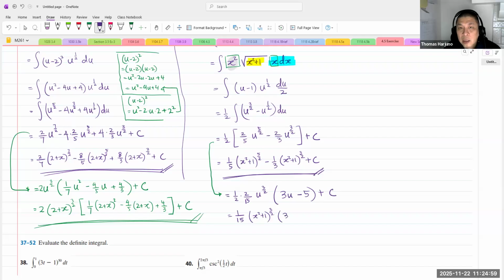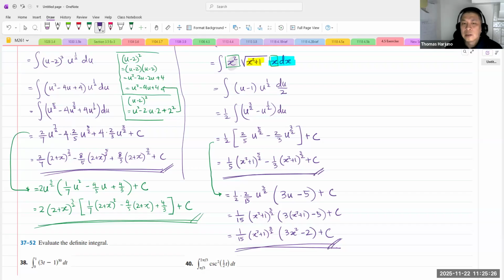But then 3u, when I substitute, notice that we can distribute and simplify further. Again, this is if your instructor wants you to go this far. Once you go this far, it means your instructor looks up to you. Okay, some algebra part.